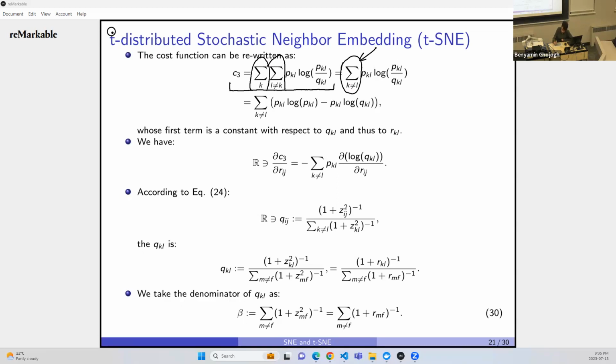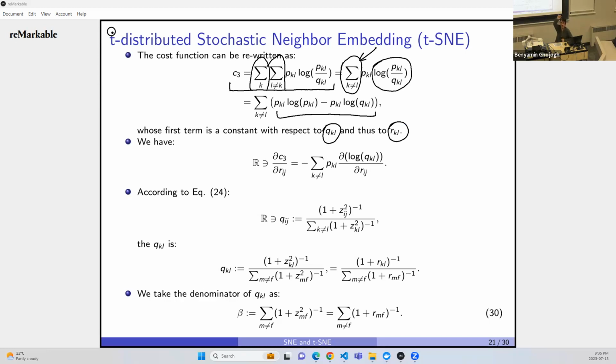Then I can write this logarithm as the logarithm of the numerator minus the logarithm of the denominator. So I will get this. The first term is constant with respect to QKL, and thus to RKL.